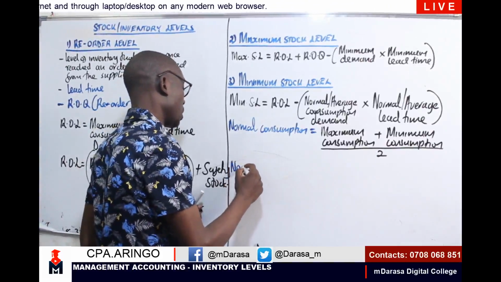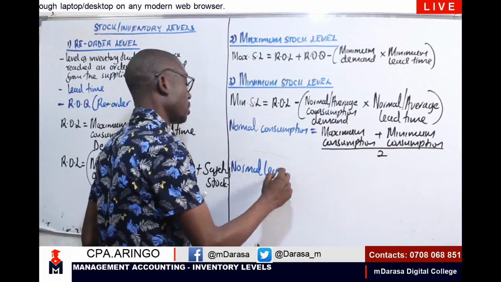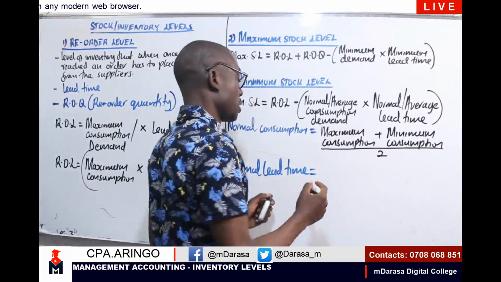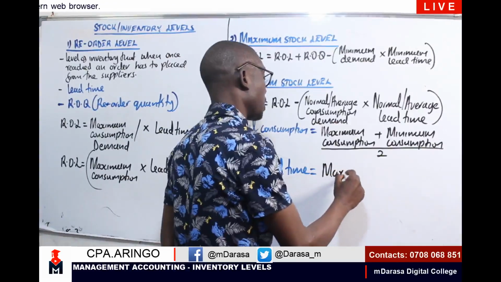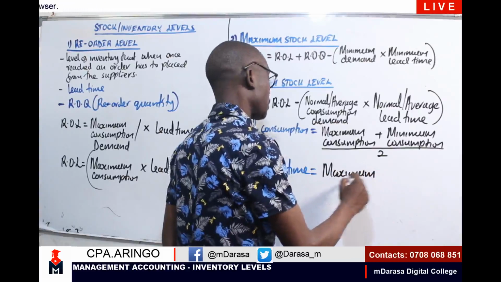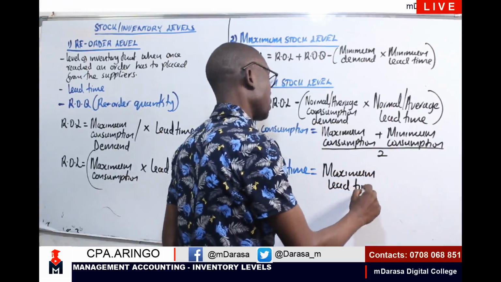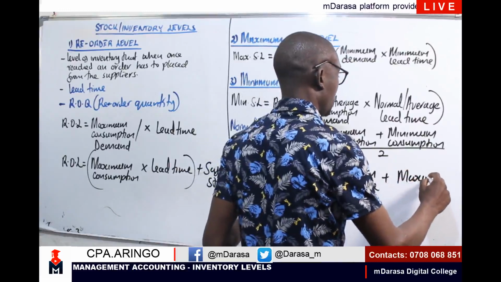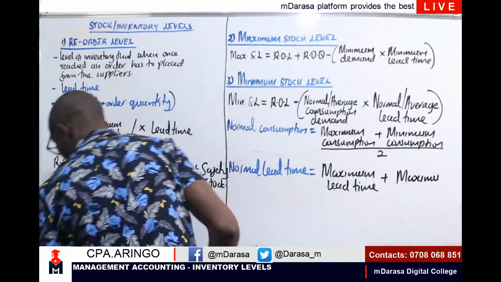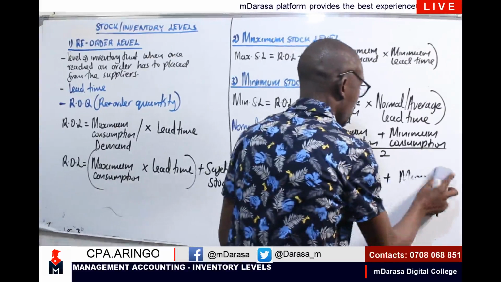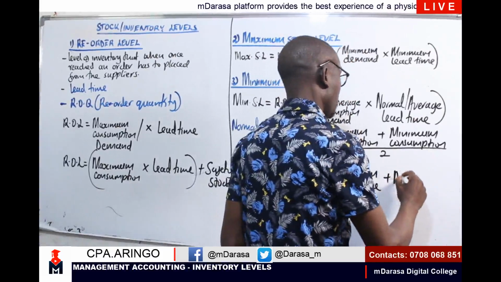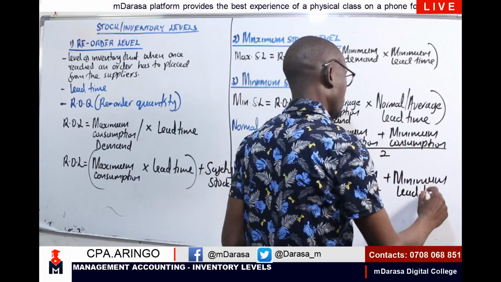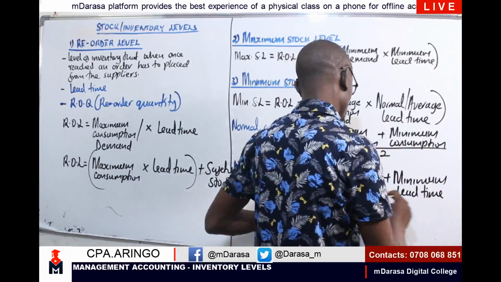What about normal lead time? To determine our normal lead time, again, this will be easy, because I'll just take our maximum lead time plus our minimum lead time, and we divide by 2.